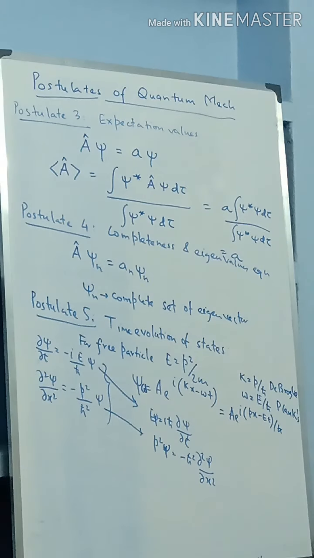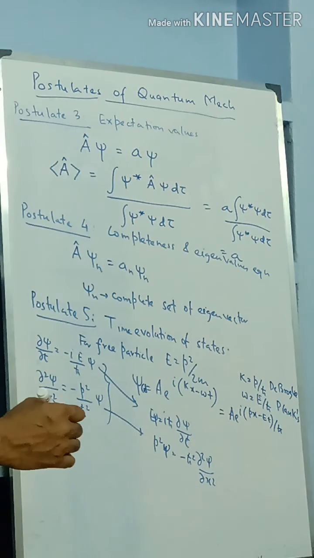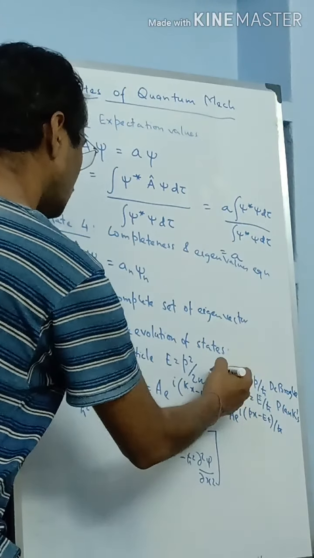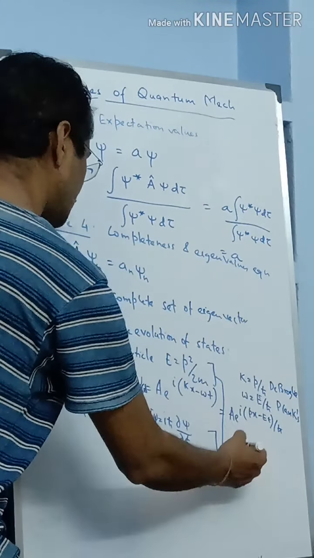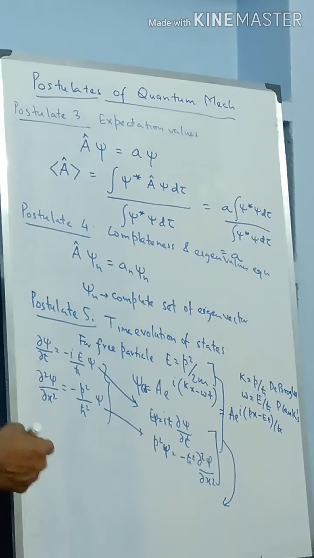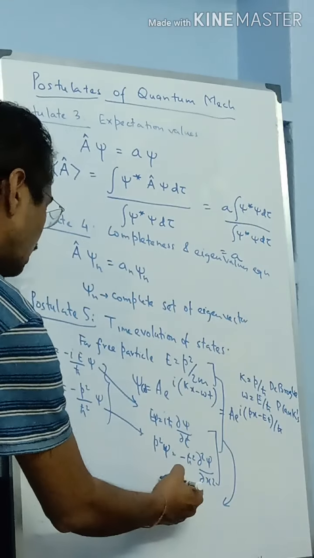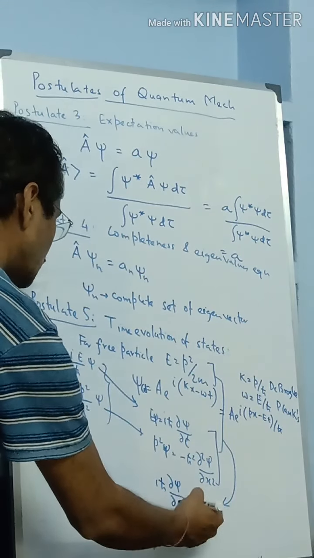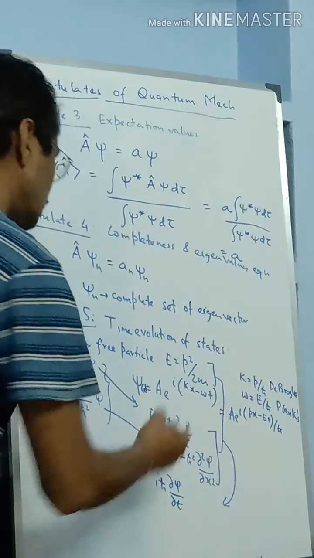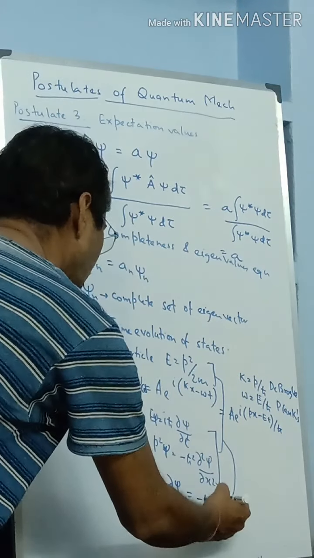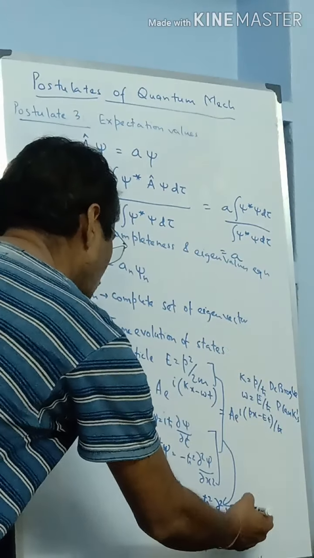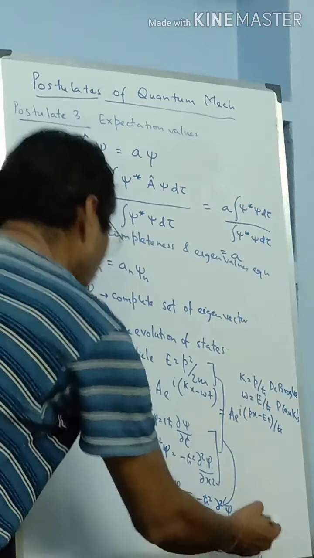So if we now correlate these two equations with E equal to p square by 2m, then we can easily write the left hand side as i h cross del psi del t, and this is equal to minus h cross square by 2m del 2 psi del x square.